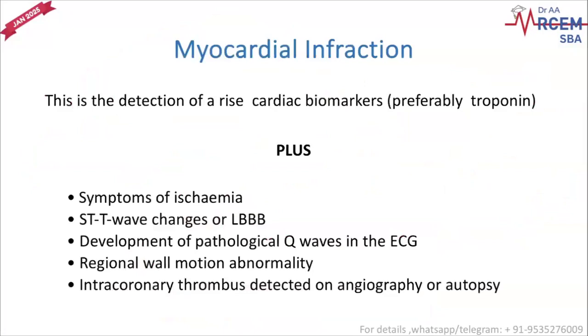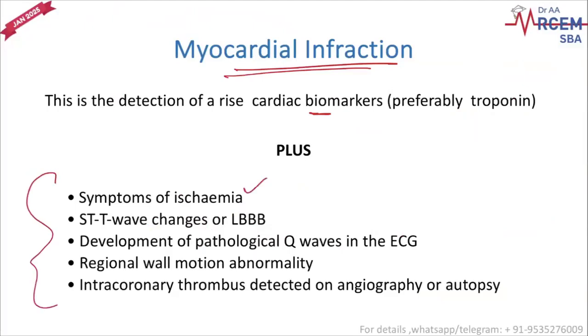Now let us enter into myocardial infarction. I'm not talking about an ST segment or a non-ST segment elevation MI. I'm just talking about a myocardial infarction. Myocardial infarction by definition is where the biomarkers are elevated. The cardiac biomarkers should be elevated, plus any one of the following should be present.